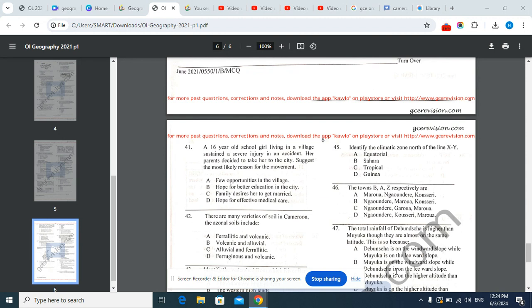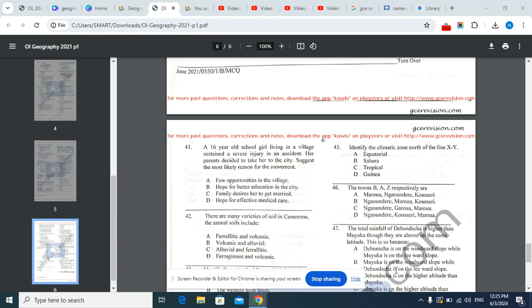Question 45. Identify the climatic zone north of the line XY.